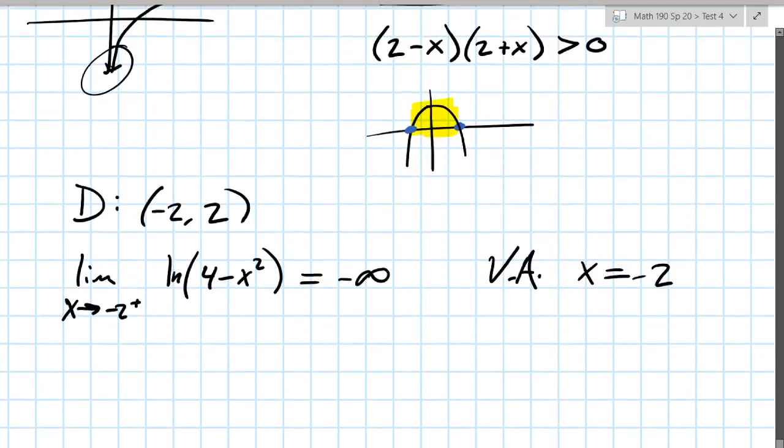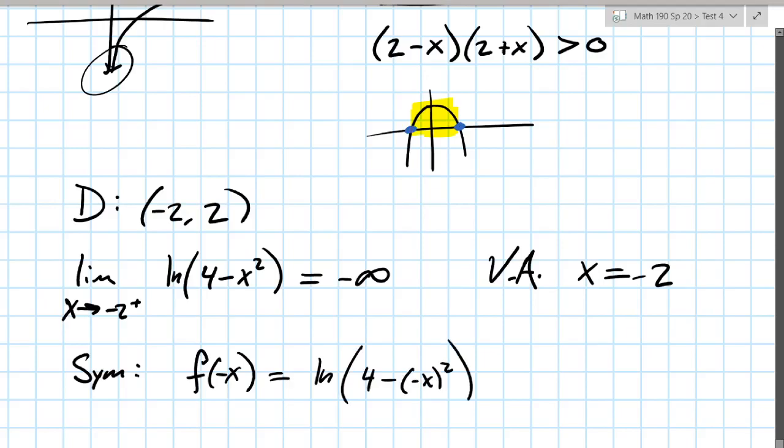We can do the same type of thing with +2. However, if we check symmetry and do this, we see that we have the ln of 4 minus x squared again.